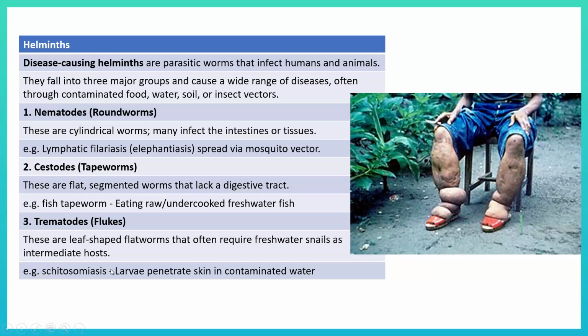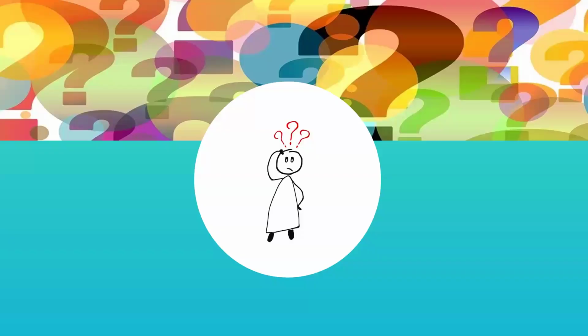So if you can prevent these freshwater snails from gathering in the water, you can break the cycle of this horrible schistosomiasis disease from spreading. So that's another type of pathogen there.